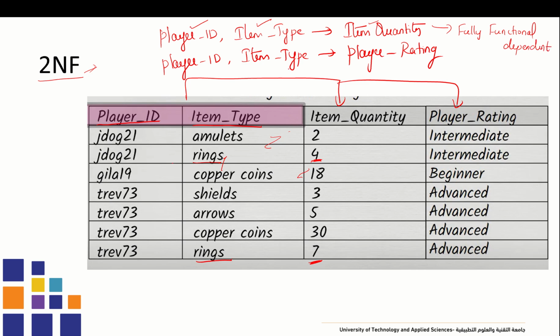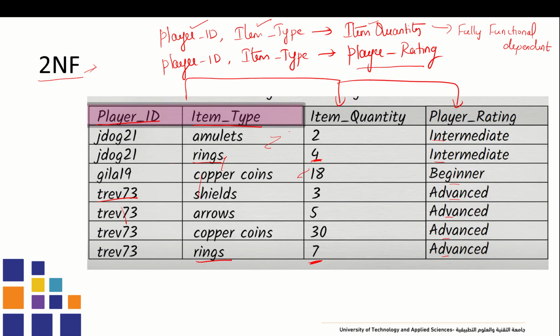Look at this one. I want to determine the player rating. See the player rating: intermediate, intermediate, beginner, advanced, advanced, advanced, advanced. So suppose for example, let's take the player Trev 73. So wherever you have Trev 73, there all the rating is advanced only. See, advanced, advanced, advanced.